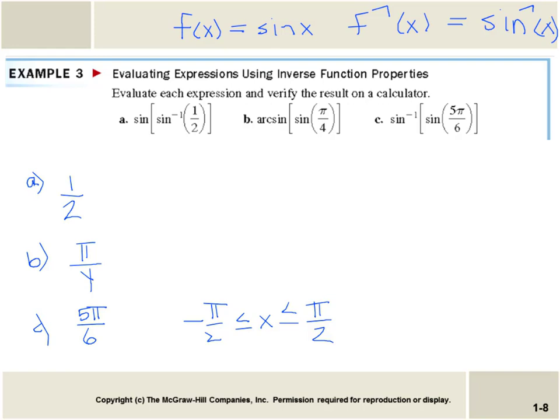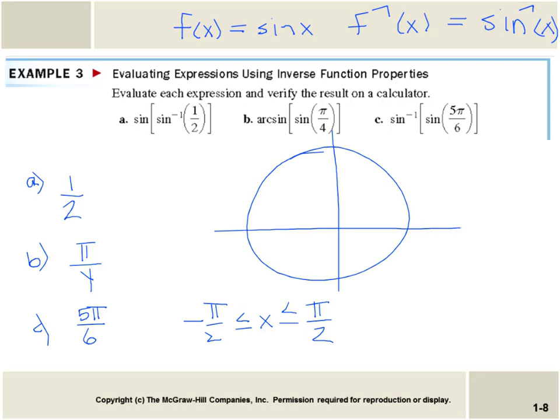Okay, so if I know my answer is 5 pi over 6, that means I'm in a quadrant where sine is positive, right? This is why reference angles are so important.